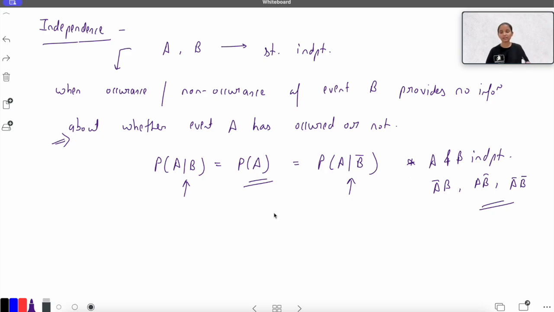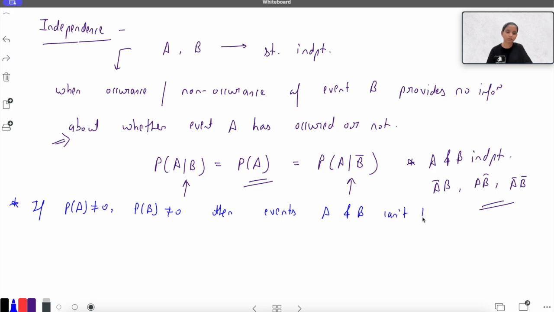Now, there is a very important property of independence that you must notice: if you have probability of A not equal to 0 and probability of B not equal to 0, then the events A and B cannot be simultaneously mutually exclusive and independent.